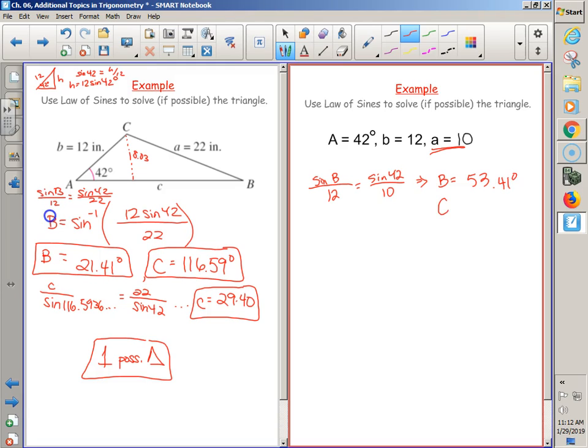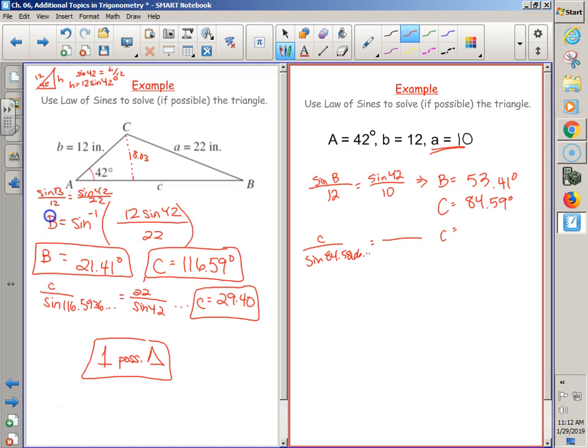I'm going to go ahead and find my angle C by subtracting from 180, just like I did over there. But now with the new angle and my 42. The calculator isn't warning me that there's more than one answer. 84.59. And then side C, I'm going to find very similarly, setting it up, C over sine of my 84.59, 5866, dot, dot, dot.